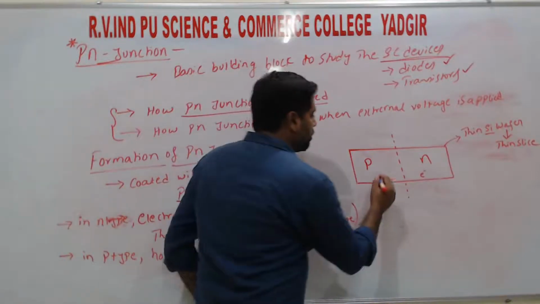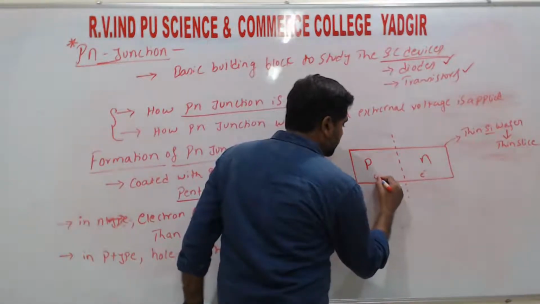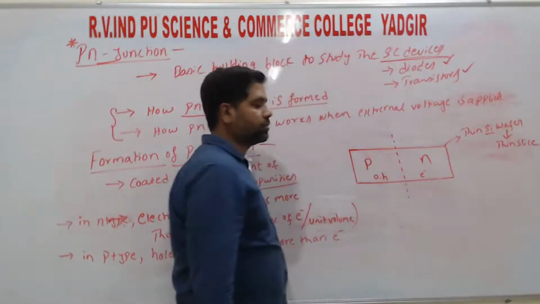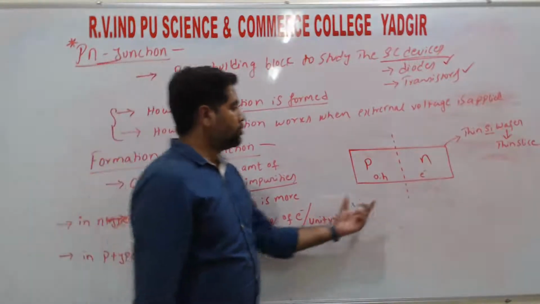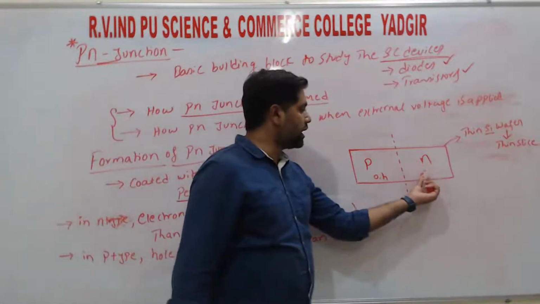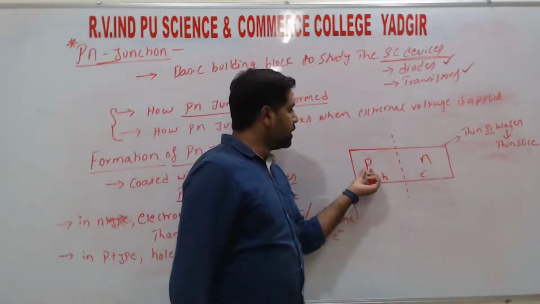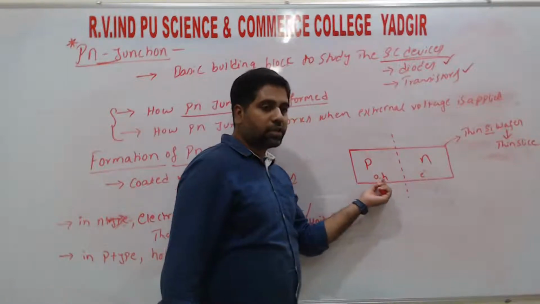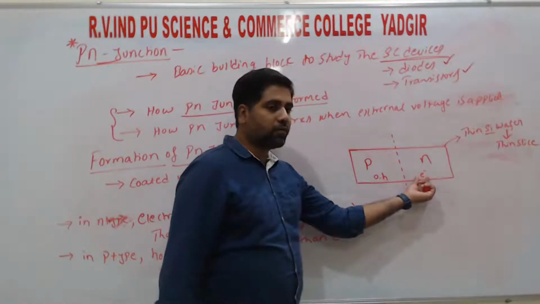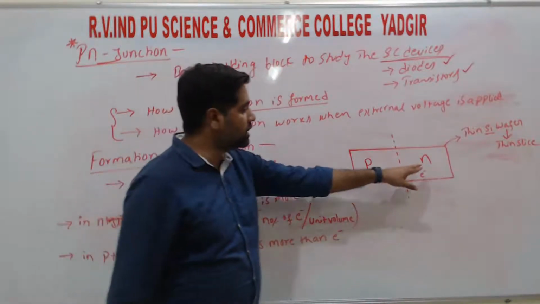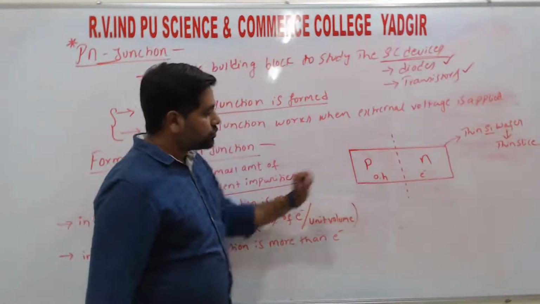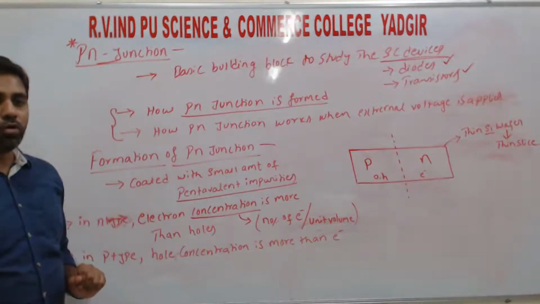Here hole is denoted by h, right? So as we studied in the previous classes, in n-type semiconductor, electrons are the majority charge carriers, and in p-type semiconductor, holes are the majority charge carriers. So in n-type the electron concentration is more, and in p-type the hole concentration is more, right?